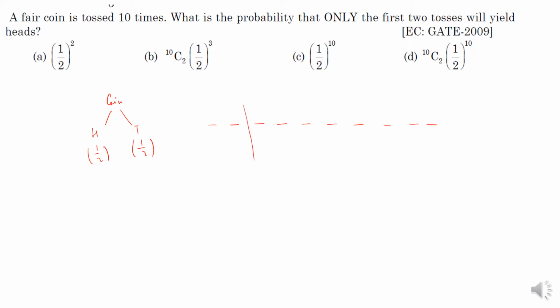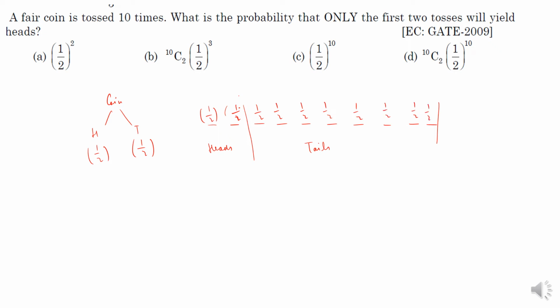These two are heads. These are tails. Now the probability of head is 1 by 2, here also 1 by 2. Head or tail, everything is 1 by 2.